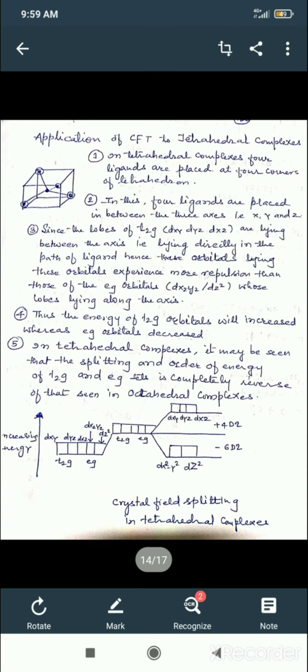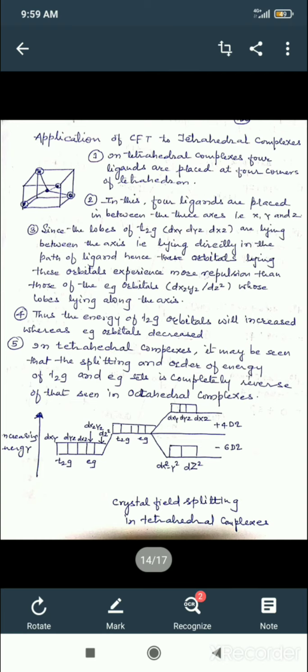Therefore, in tetrahedral complexes you see behavior exactly opposite to the octahedral complex. In octahedral, T2g is at the lower level and eg at the higher level, whereas in tetrahedral, T2g is at the higher level and eg at the lower level.